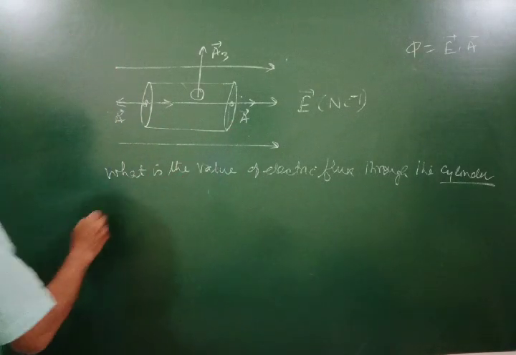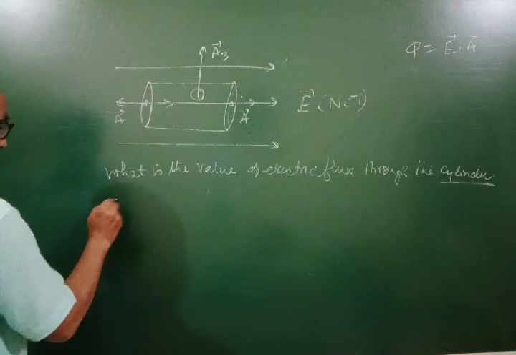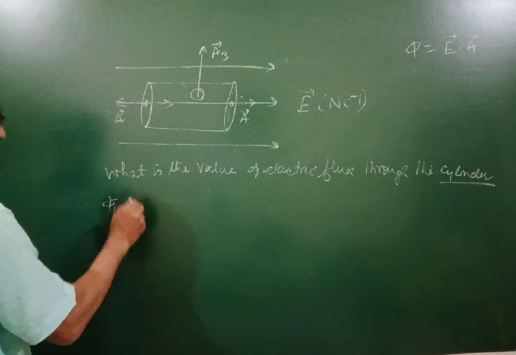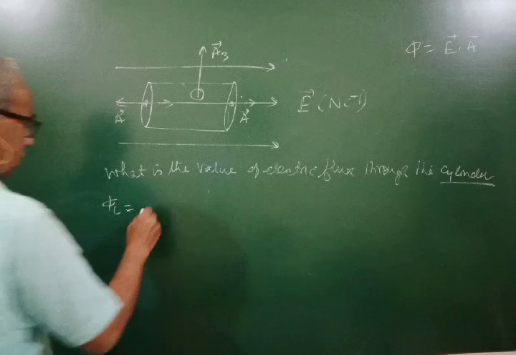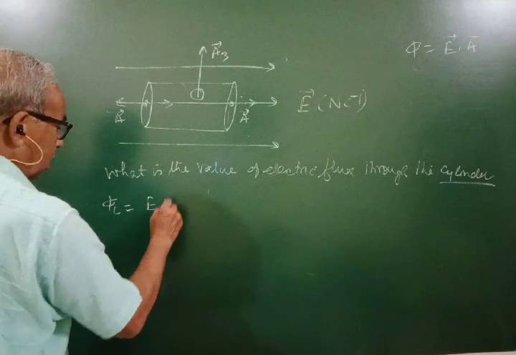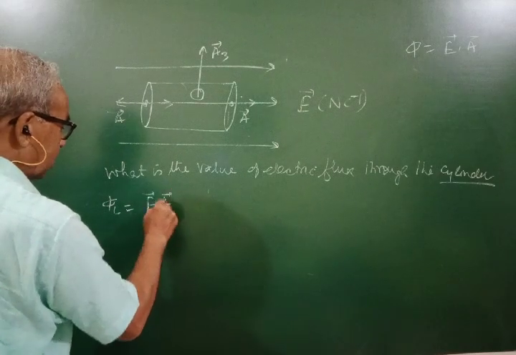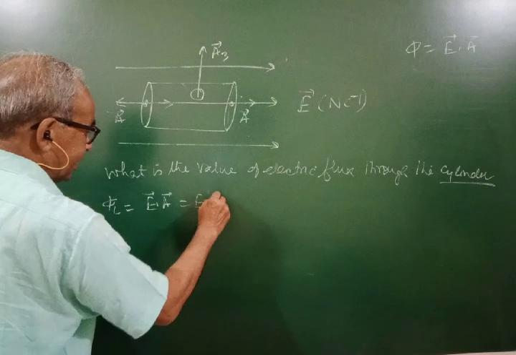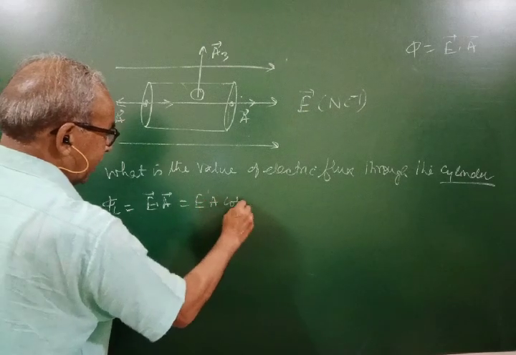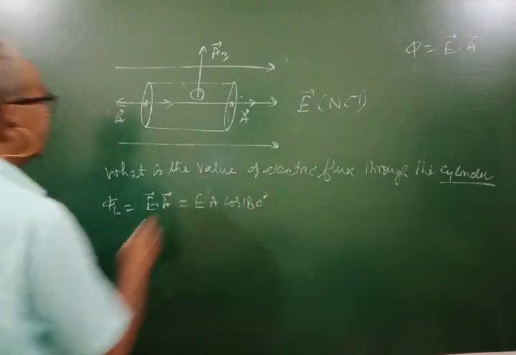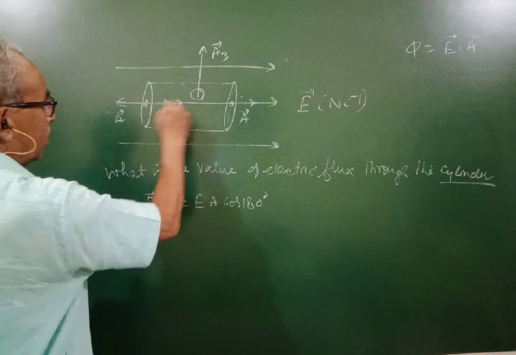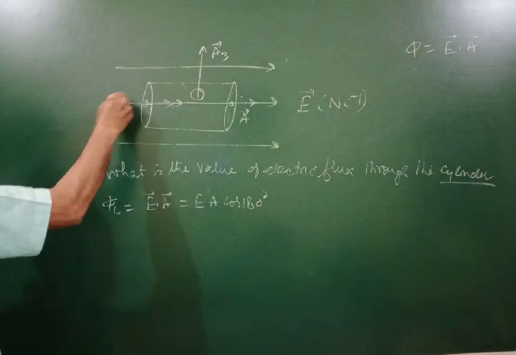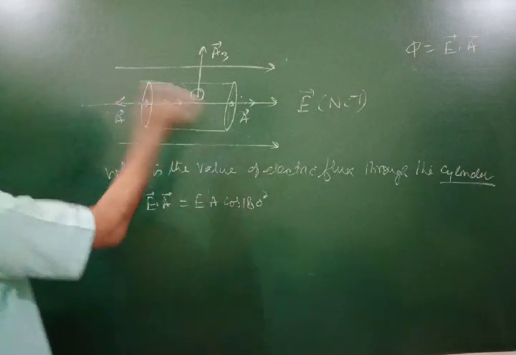Now the flux on the left surface is E dot A, meaning EA cos 180. Why cos 180? Electric field is this way and area this way, the directions are right to left.